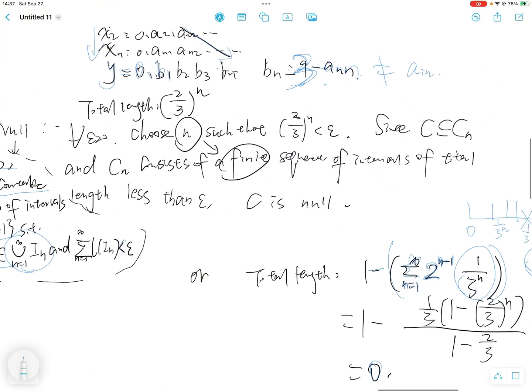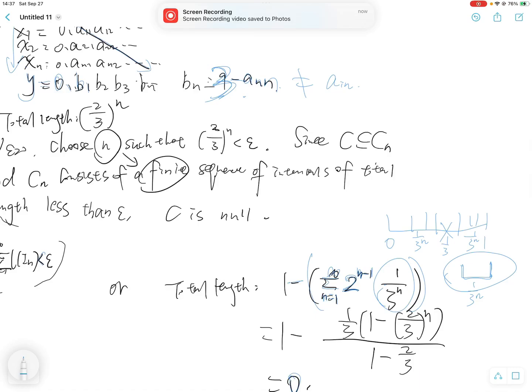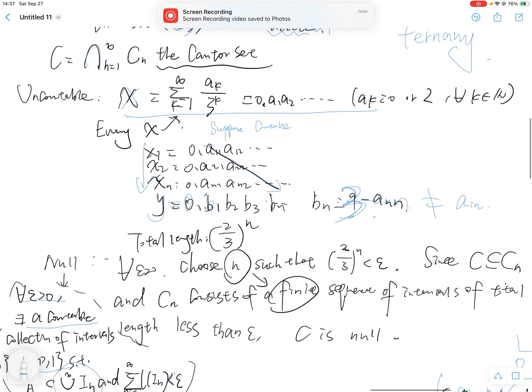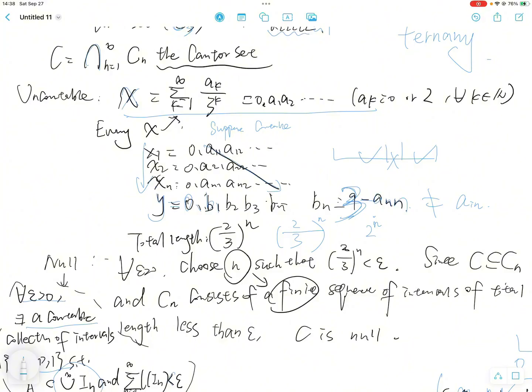Therefore, instead of counting the terms that I remove, I could count the terms that I do not remove, which is 2 to the power n, because each time I do this, 2 to the power n intervals come out, and each length is just this.